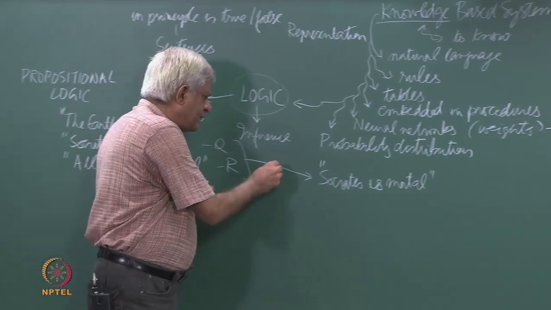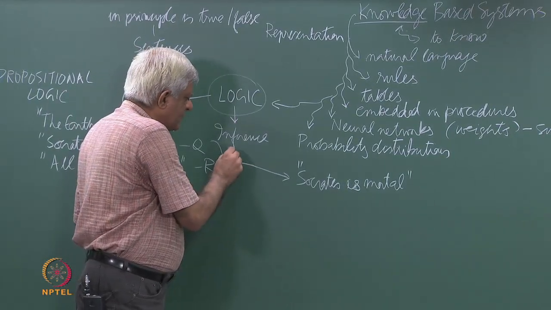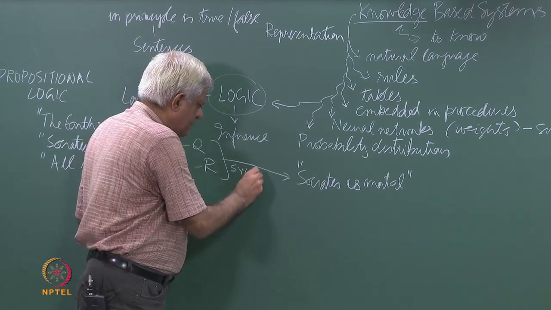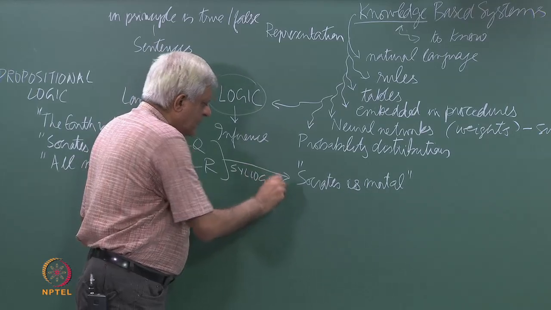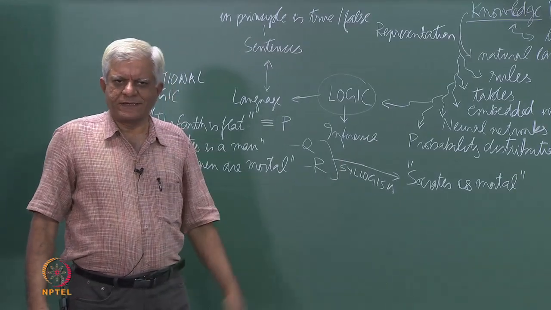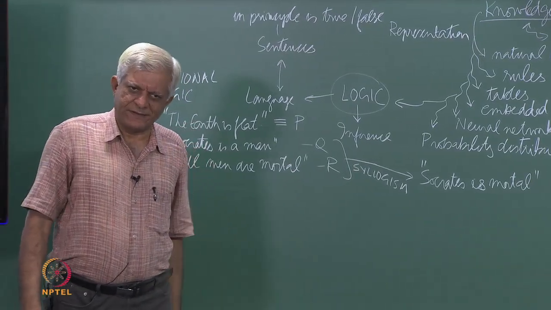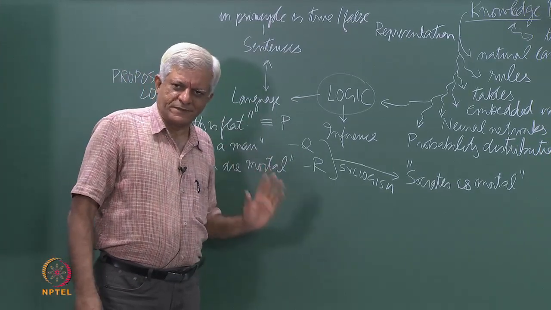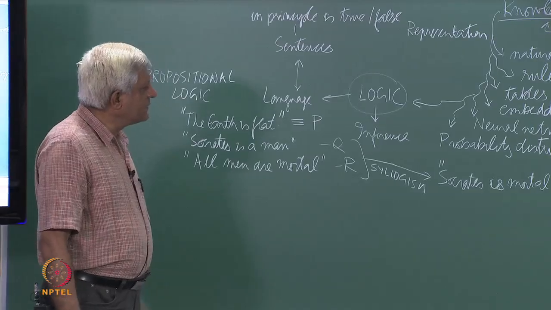And this particular form of reasoning, or this particular rule, is called a syllogism. We will not go too much into history of logic here, because there is plenty to look at there, but we will just keep in mind that this was there in Greek times as well essentially.